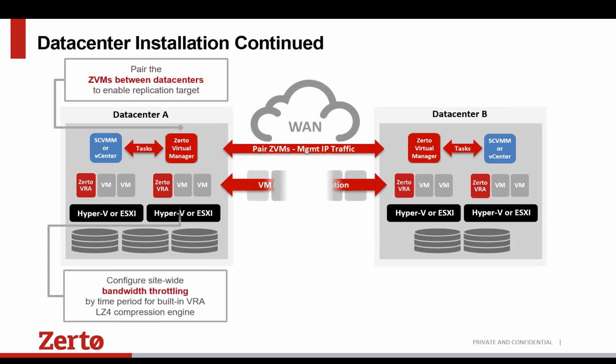You then configure the site-wide bandwidth throttling of the replication traffic, which can be done on a time schedule, and by default all the traffic is compressed by a built-in LZ4 compression engine, which you typically see a 50% plus compression ratio. So here you can see we have our management traffic between the Zerto managers, and our virtual machine traffic between the VRAs for any changes occurring in the protected virtual machines.